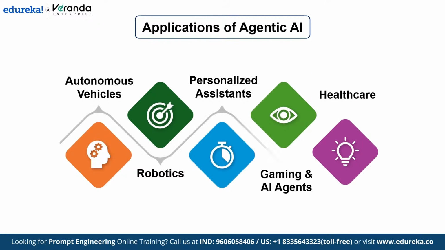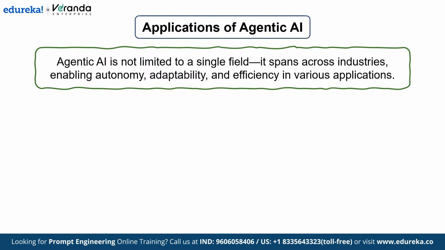In healthcare, Agentic AI supports personalized treatments, accurate diagnostics, and surgical assistance, with examples including AI-driven surgical robots and systems for remote patient monitoring. These applications demonstrate the transformative potential of Agentic AI across diverse domains. Agentic AI is making a significant impact across various industries by enabling autonomy, adaptability, and efficiency in diverse applications.